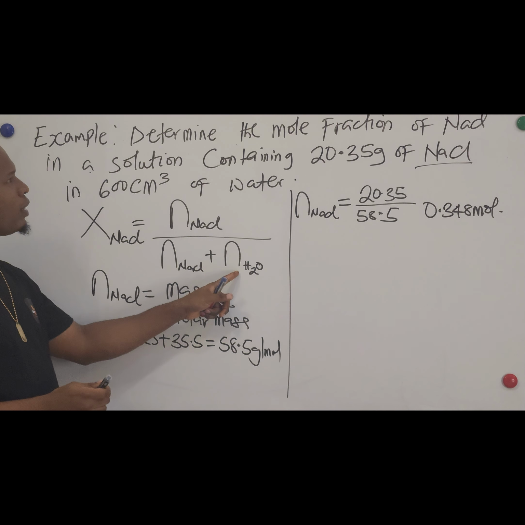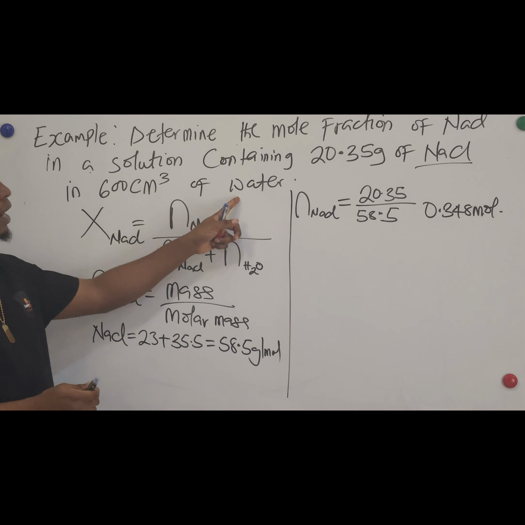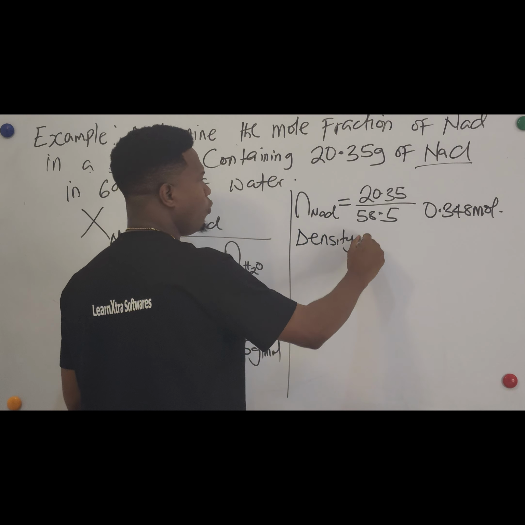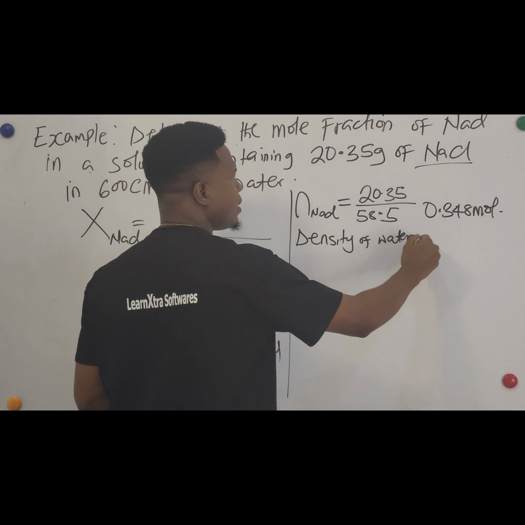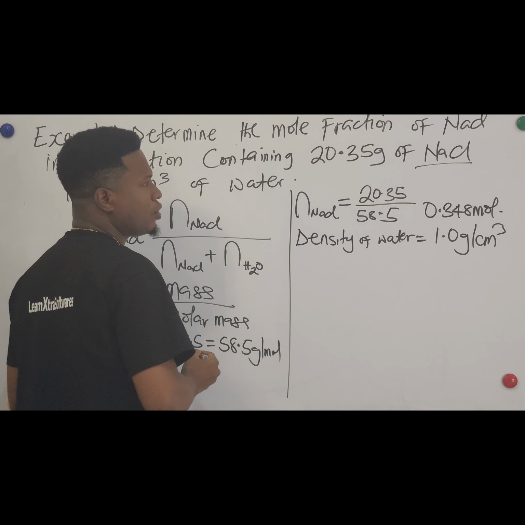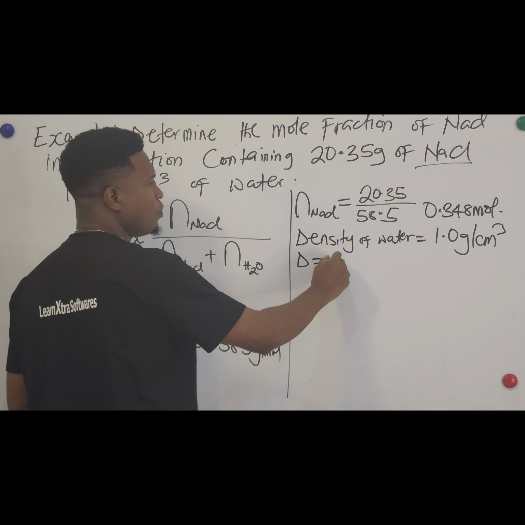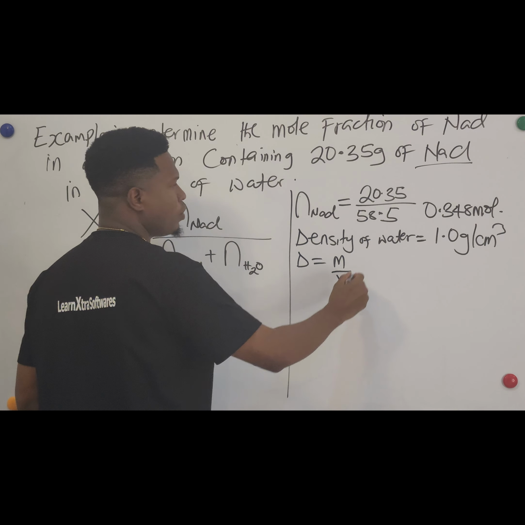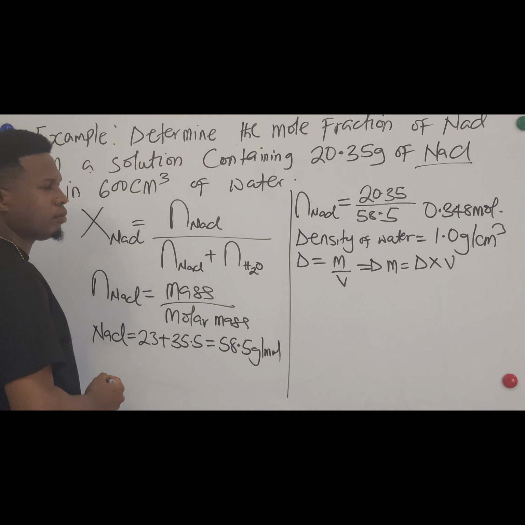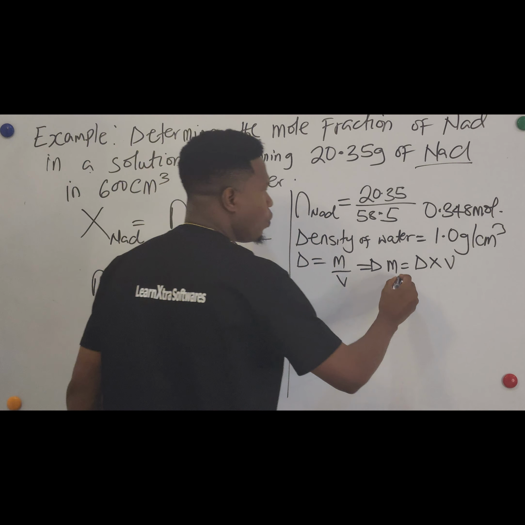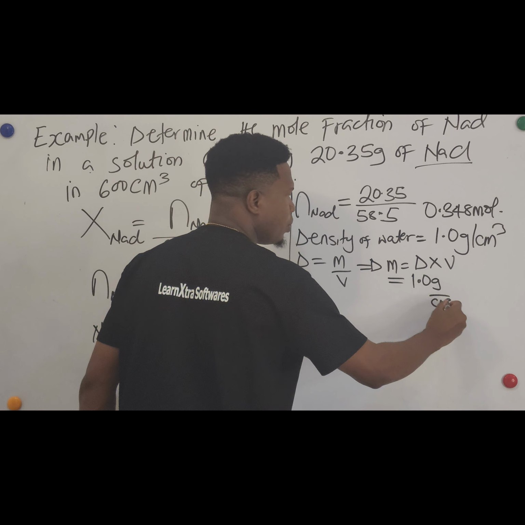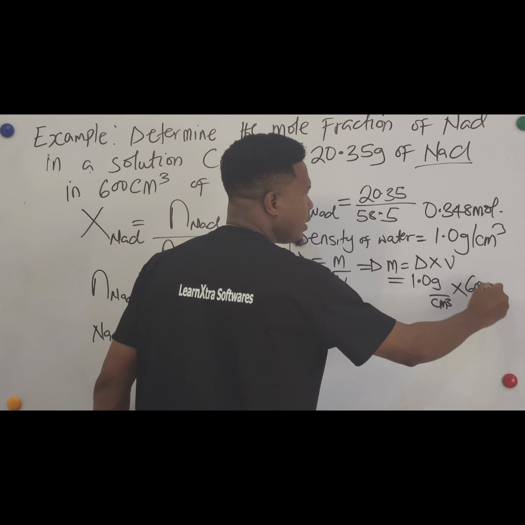Okay, but for water, what was given is the volume of water, right? We know that the density of water is 1.0 gram per cm cube. From density equals mass over volume, the mass will be equal to density times volume, which is 1.0 gram per cm cube times 600 centimeter cube.